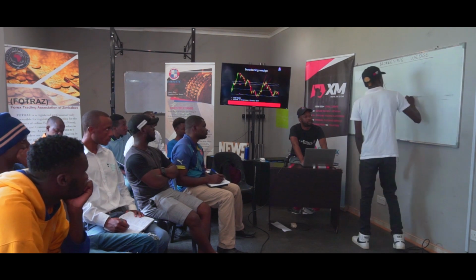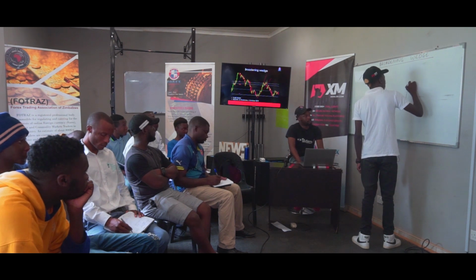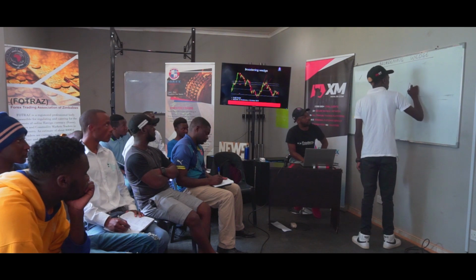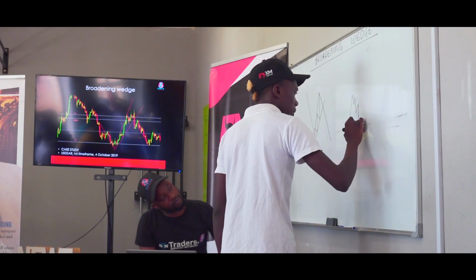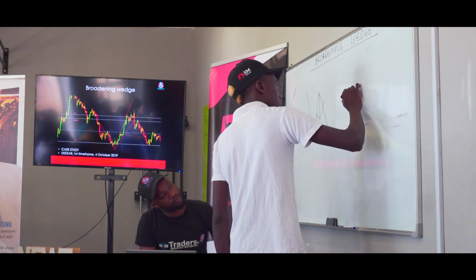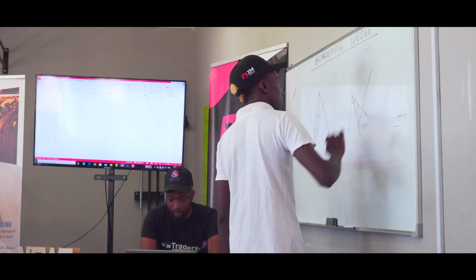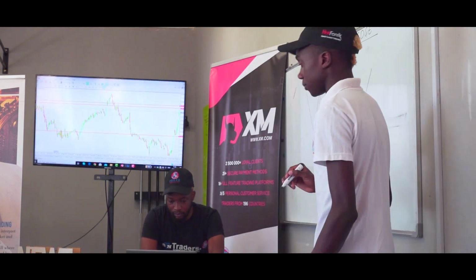Then there's a reverse broadening wedge where you have price going up, then it will drop, go down, up. Then what you have is that and that. Then eventually price will go up again.